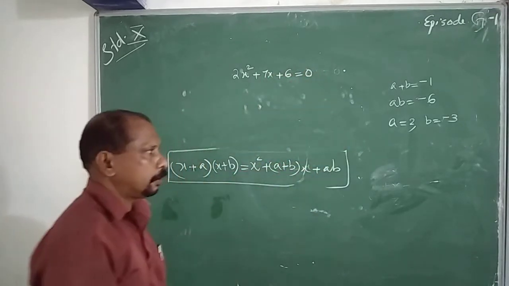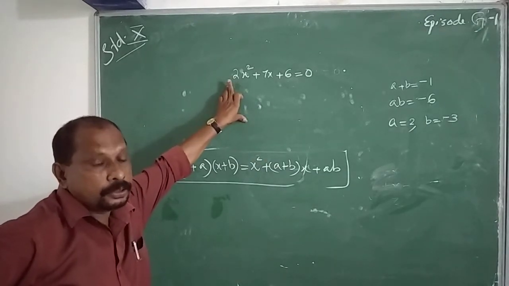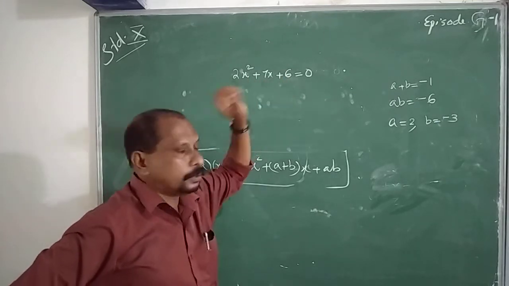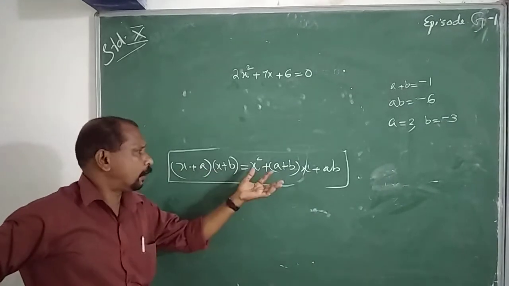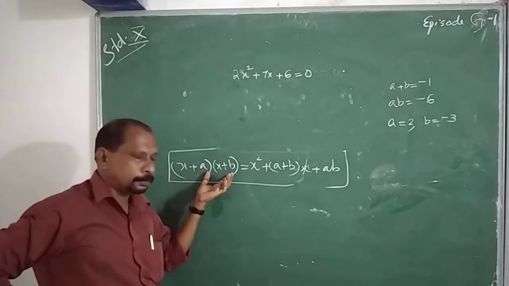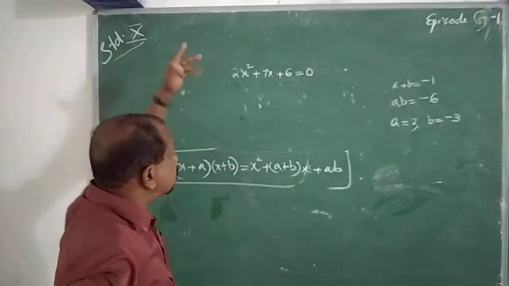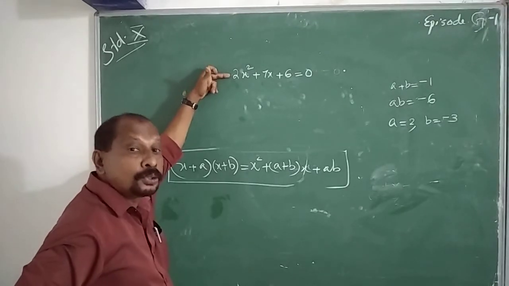This is a quadratic equation, and the coefficient of x square is not equal to 1. It is 2. And a is 2, b is equal to 7, c is equal to 6. In this case, this is also of the form x plus a into x plus b, equal to x square plus a plus b x plus ab, but the coefficient of x square is not equal to 1, it is 2.